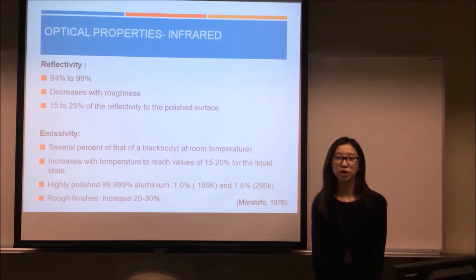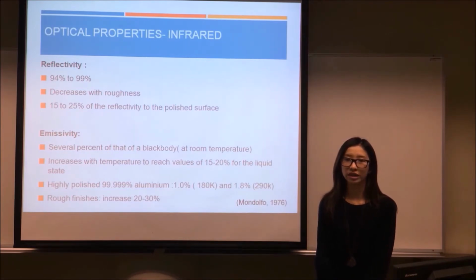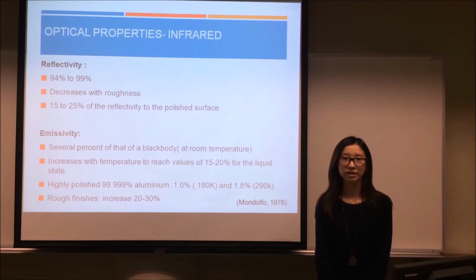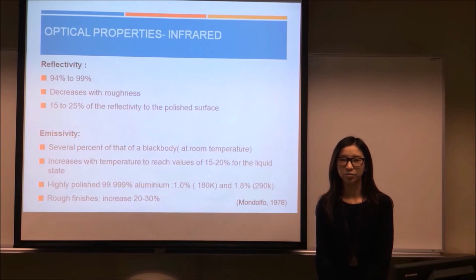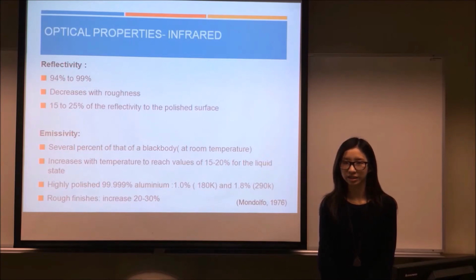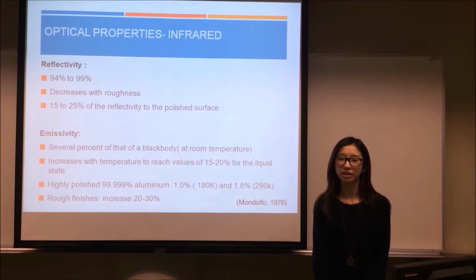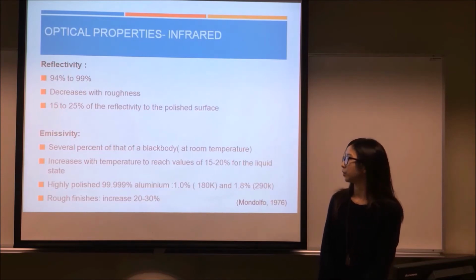In the infrared, Mondolfo indicates that the reflectivity of a smooth aluminium surface is 94% to 99% from near to far infrared. The highest reflectivity is obtained by vapor deposition, which can produce a very smooth surface. The reflecting power of an aluminium surface decreases with roughness, and a sandblasted aluminium surface may be only 15 to 20%.